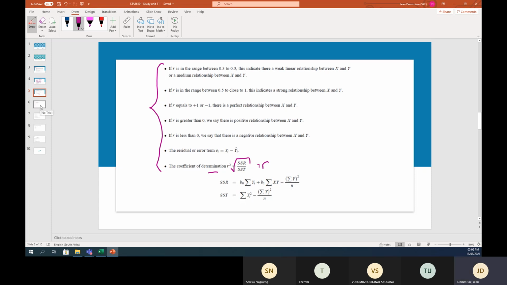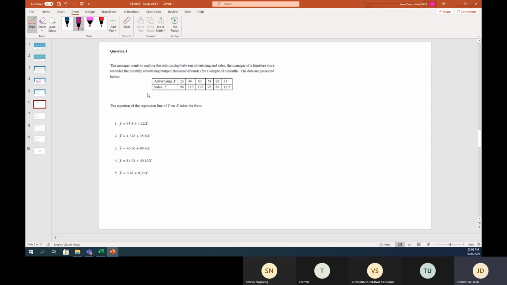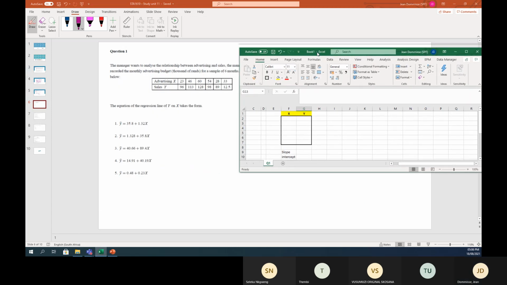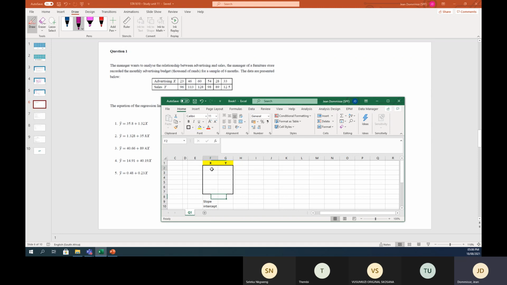Okay, so let's go into the first question, and I'll look at this using Excel, because all of these functions are in Excel. Let me just bring this closer, and I'll make it bigger for you now as well. So we know that that is your X variable, that is your Y variable. So I input that into Excel.